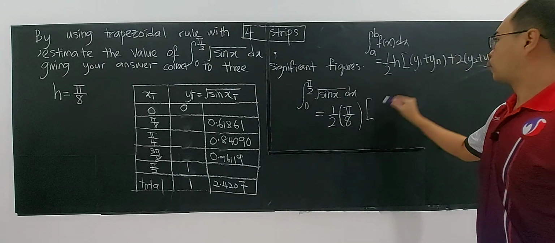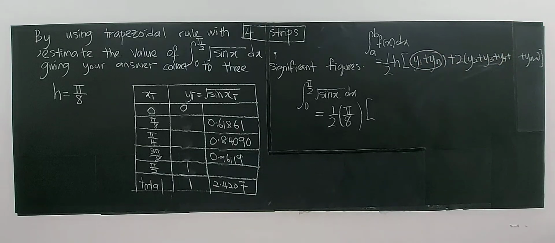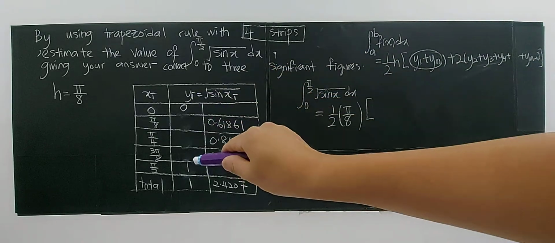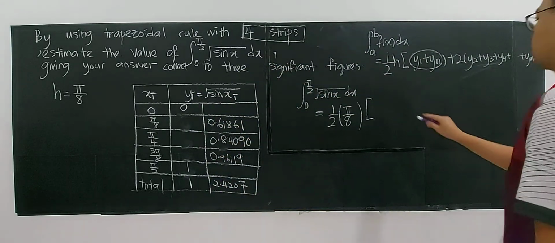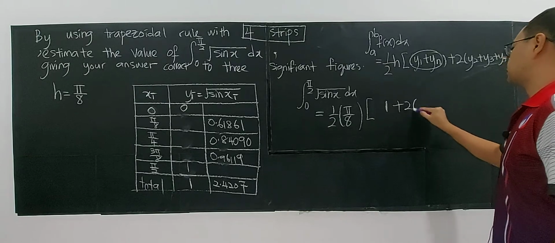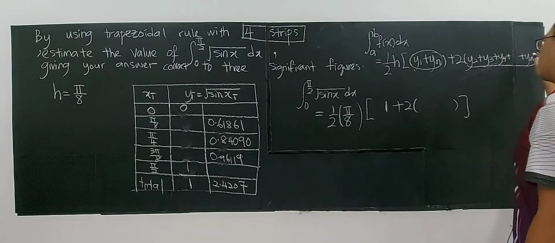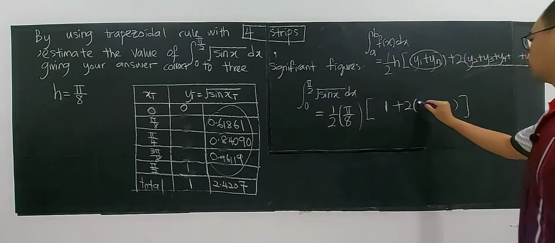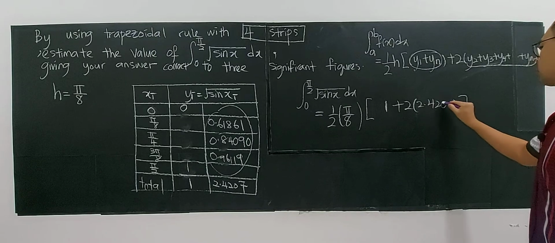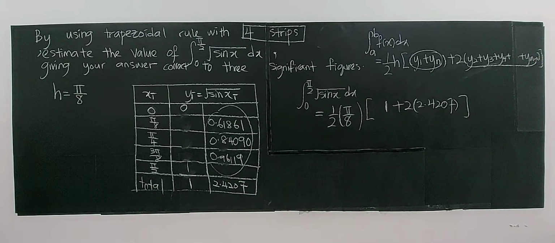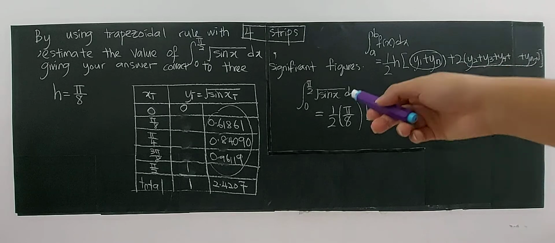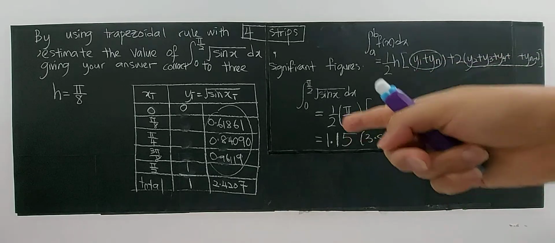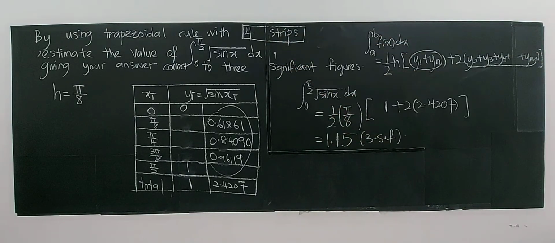Times y1 plus yn, the first value and the n value, which is 1, plus 2 times the sum of the intermediate values, the sum of all these values, which is already here, 2.4207. You must make sure this is correct, and then we can evaluate this. This will be the approximate value for this integral, 1.15.